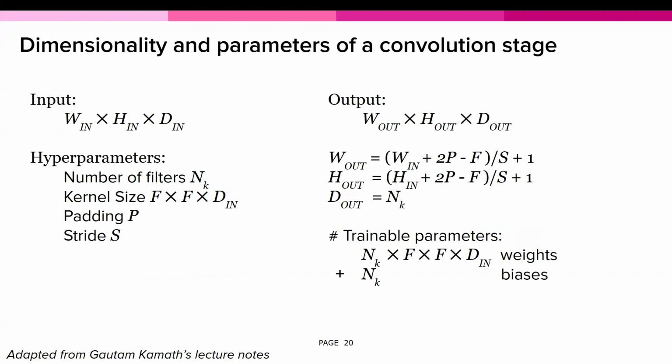Understanding the dimensions and parameters in a convolutional neural network is pretty important, especially if you're working with GPUs and you want to pre-allocate memory.